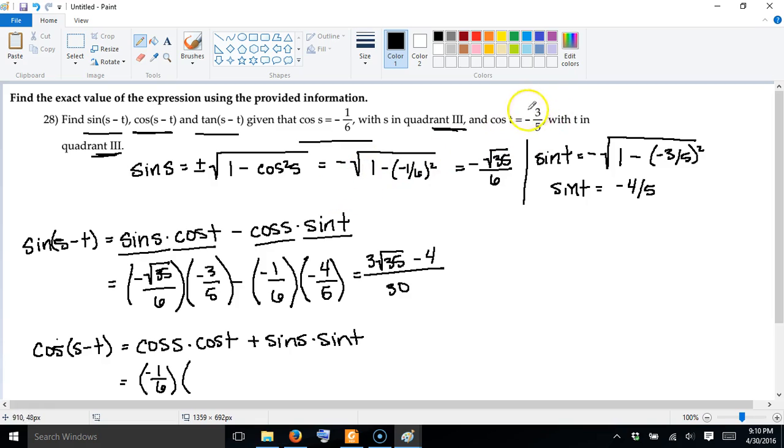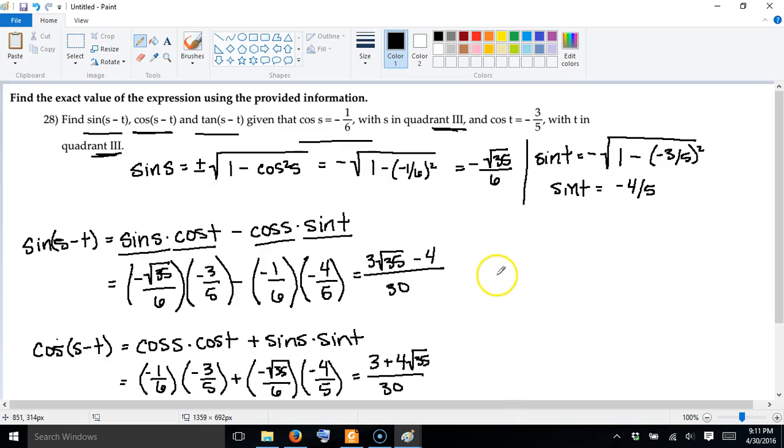Cosine of t is your negative 3/5. Your sine of s is negative square root 35 over 6. And your sine of t is negative 4/5. Just like you did up here, multiply, subtract, or add, and we get 3 plus 4 square root 35 all over 30.